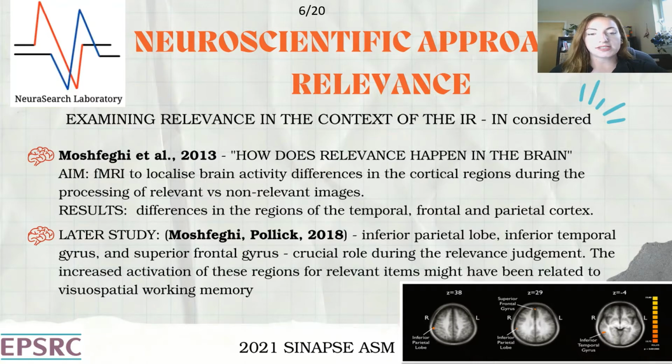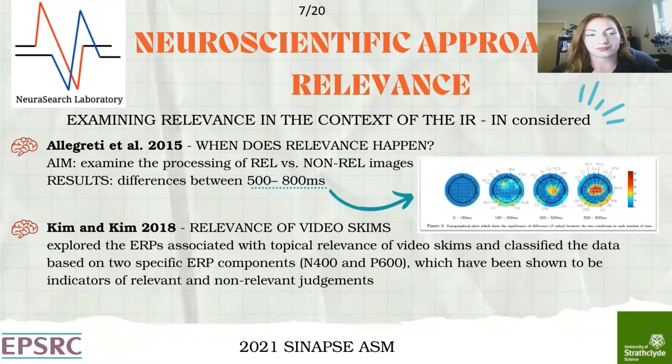They found differences to be significant in the regions of temporal, frontal, and parietal cortices. In a later study, Moshfeghi and Pollick found that the inferior parietal lobe, inferior temporal gyrus, and superior frontal gyrus play a crucial role during relevance judgment. The increased activations of these regions for relevant items have been related to visuospatial working memory.